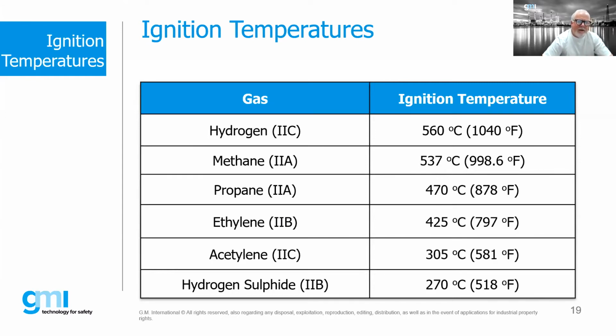So we have to take into account the ignition temperatures of these gases and vapors. And this is just a representative sample, but there are literally hundreds of different flammable gases, with all of their, what they call the ignition temperatures and the flash points, and what you will find are T codes, and these are all referenced within the relevant IEC 60079-20-1 standard, which gives you all the information on all of these gases and vapors.